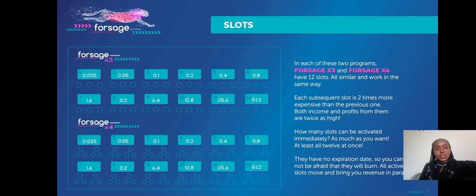They are based on a smart contract, and because the smart contract is decentralized, no one can change the code in the Forsage ecosystem, X3 and X4 platforms, and therefore this system is simply risk-free.